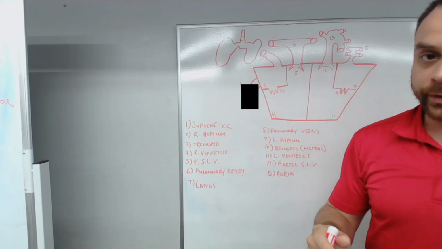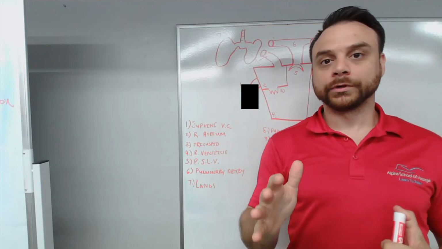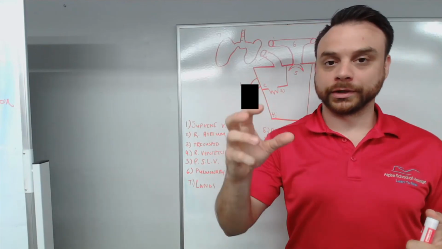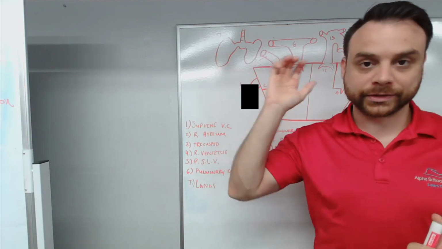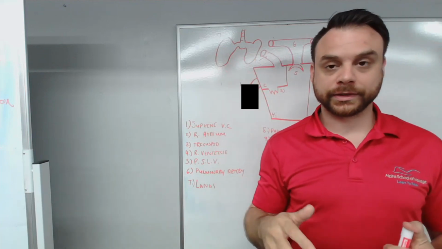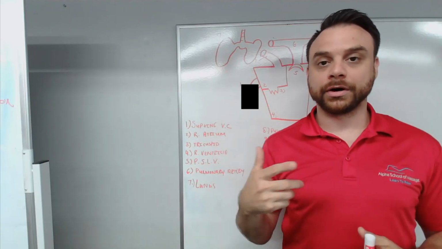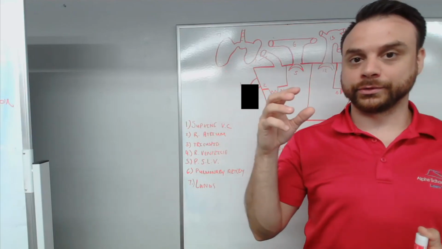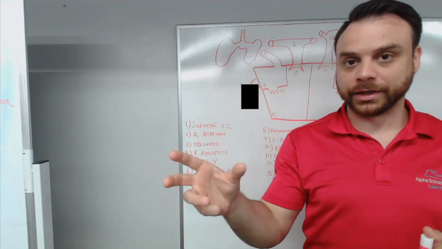The pulmonary artery, which, for sakes of understanding, pulm or pulmonary refers to the lung or respiratory system. So this pulmonary artery is going to take that blood cell all the way to the lungs, because the whole purpose of sending blood through the heart and circulatory system is to exchange carbon dioxide for oxygen in the lungs.